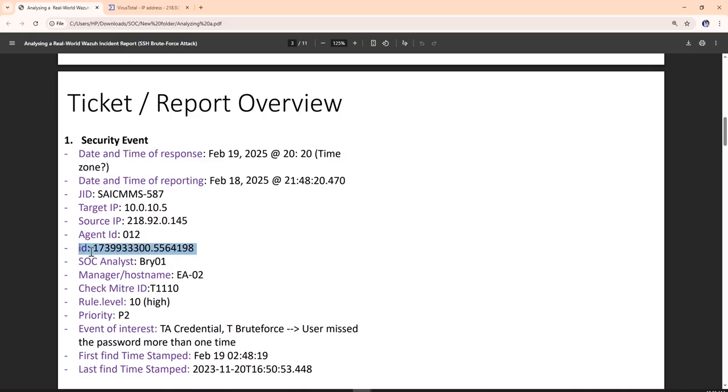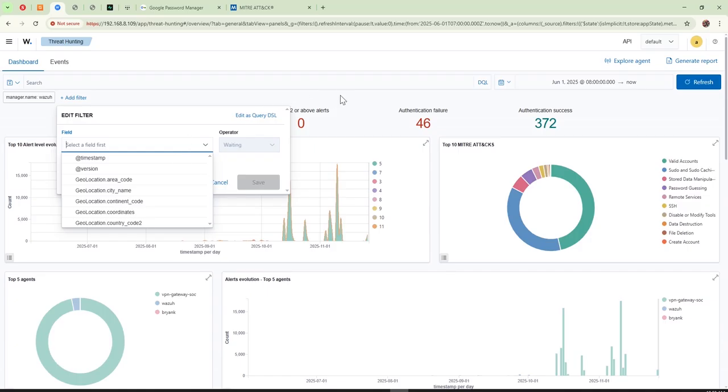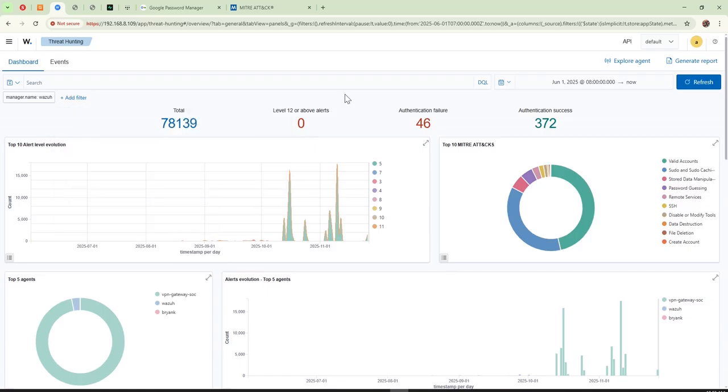I'll use this ID to go back to Wazuh to find that particular incident, because what is here is over thousands. Without those IDs and parameters, one cannot find the one that anybody has worked on. So we're going to be doing rehearsals on how to find reports, how to trace them back.